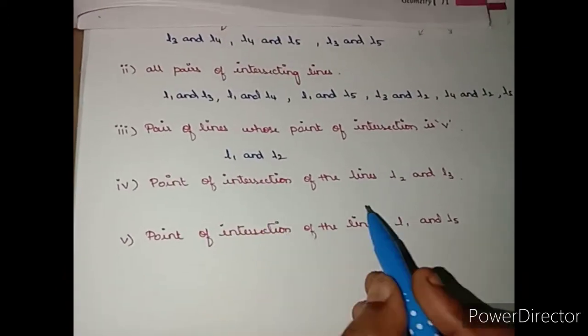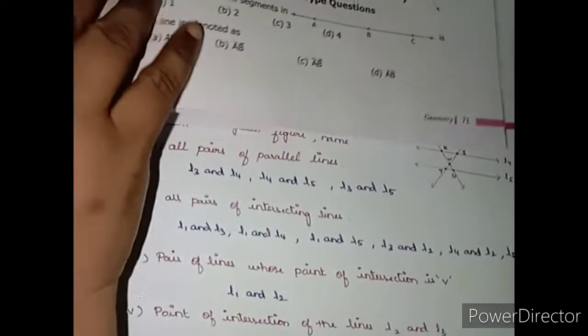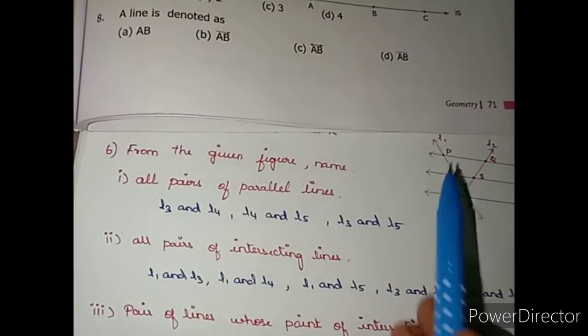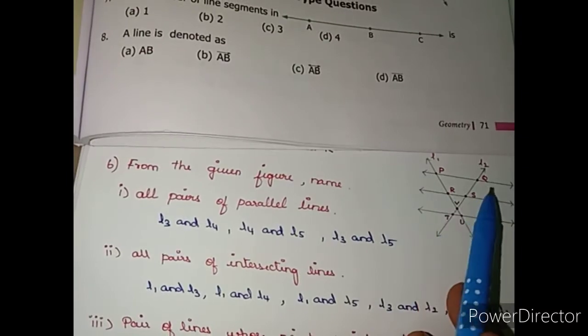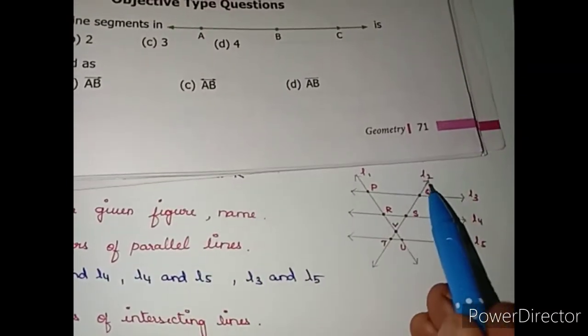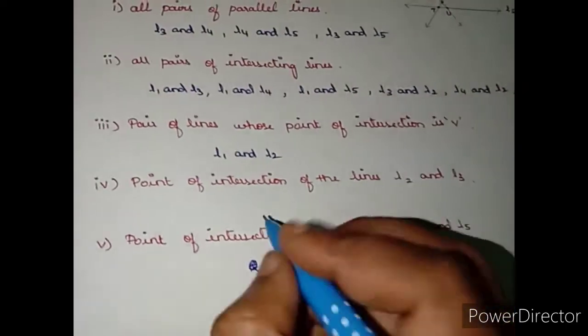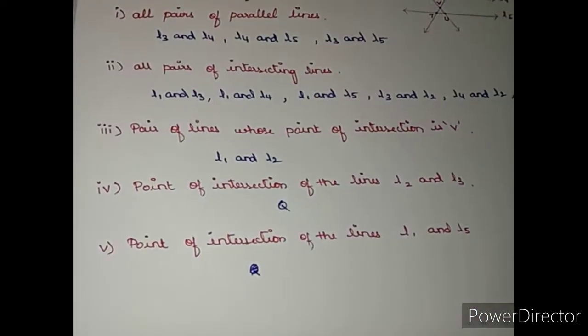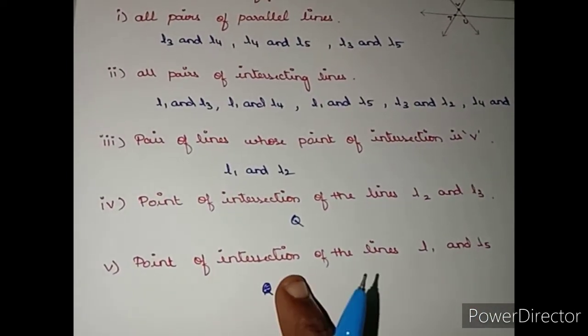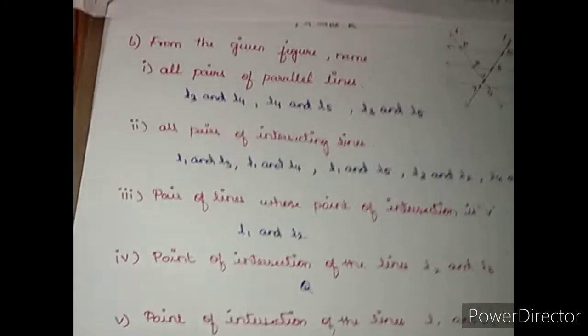Okay. See the next subdivision. Point of intersection of the lines L2 and L3. See here. For L2 and L3, what is the point of intersection? It is Q. So the next one, point of intersection of the lines L1 and L5.